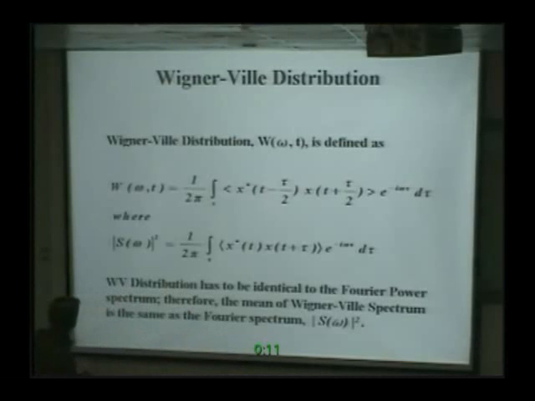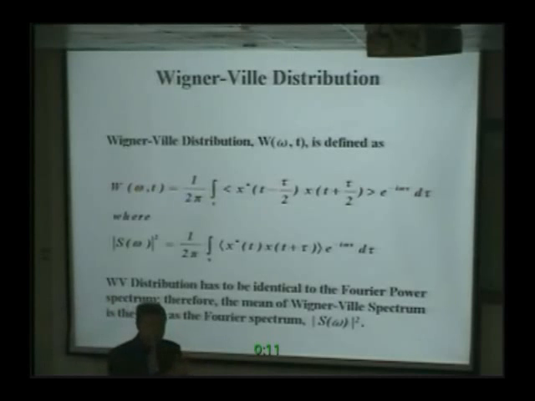But what's different is that instead of just making a transformation with respect to tau and getting a function of omega, Wigner-Ville also records the time t. So at each time t, you plot a Fourier spectrum.